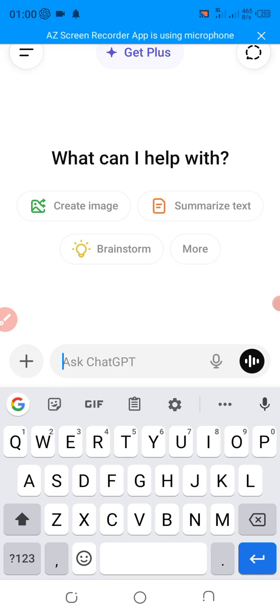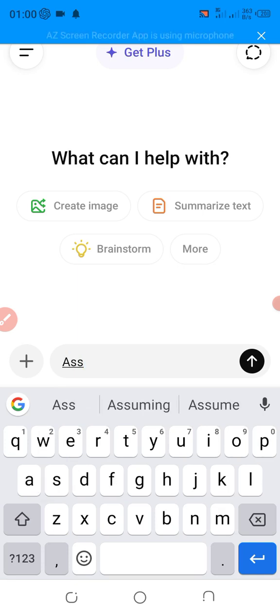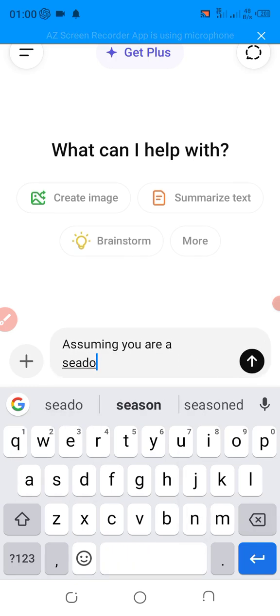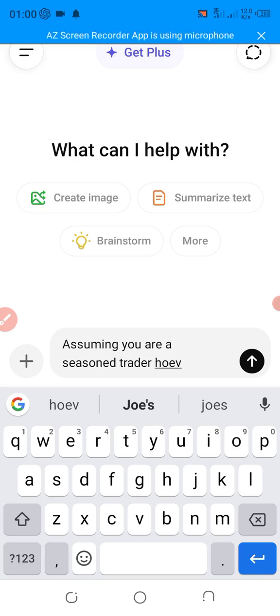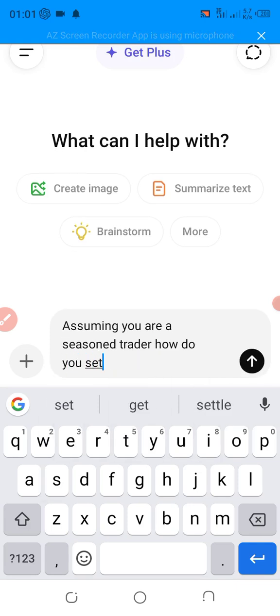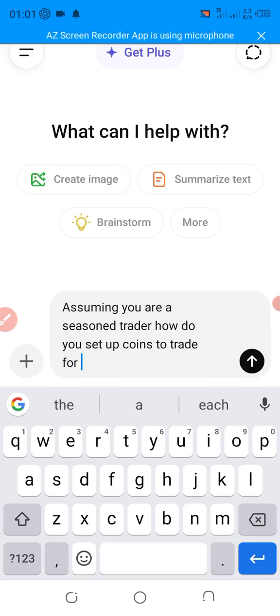Just say, assume you're a seasoned trader, how do you set up coins to trade for today?